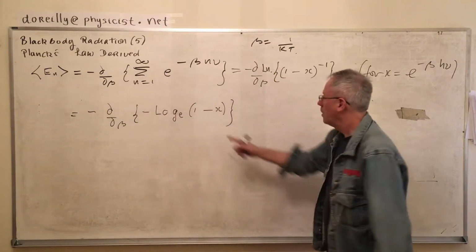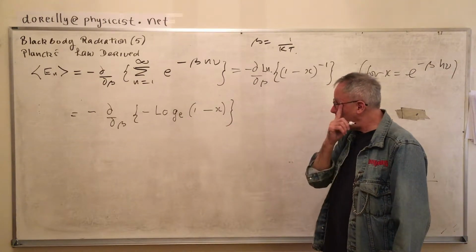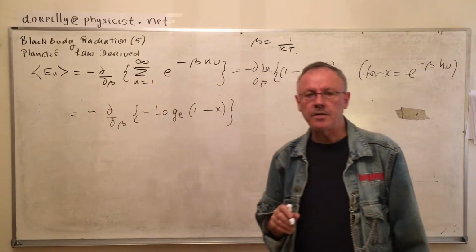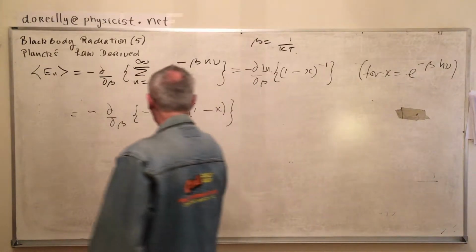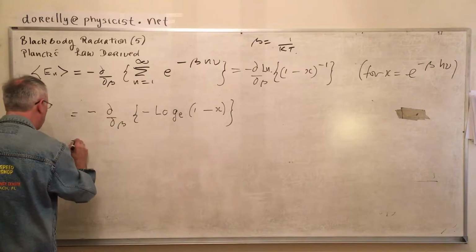Of just 1 minus x. Now I slow down on signs because keeping track of signs is the most difficult thing in physics. So we want to keep our track of signs. It makes a big difference. We get a plus.